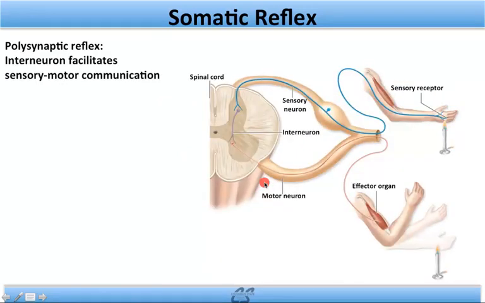The polysynaptic, on the other hand, what you'll find is that the sensory receptor, in the case of hot-cold typically, is going to bring that information, or activate this neuron, better said. And this neuron, because it's coming back from skin, it's pretty hot on that skin, this is going to be a somatic afferent.